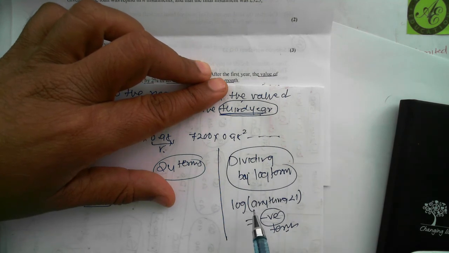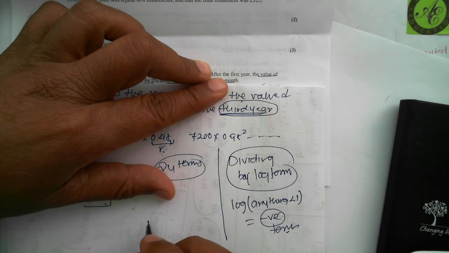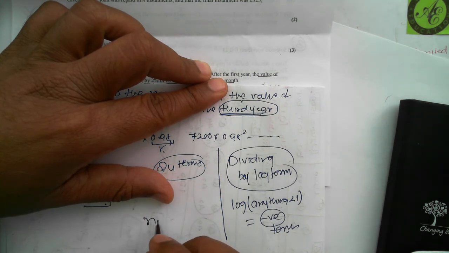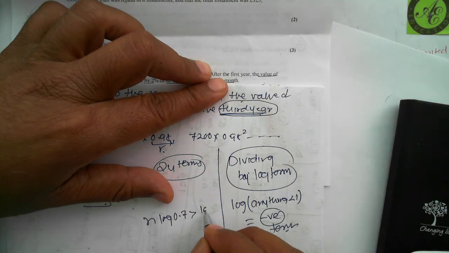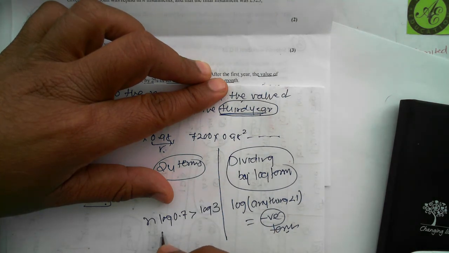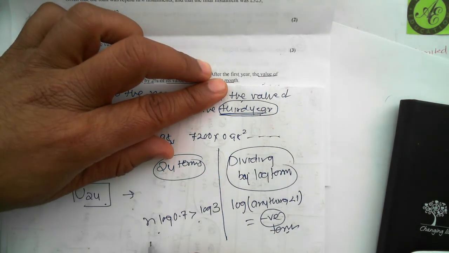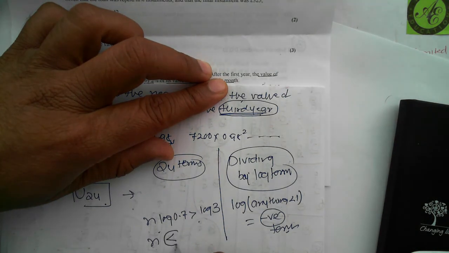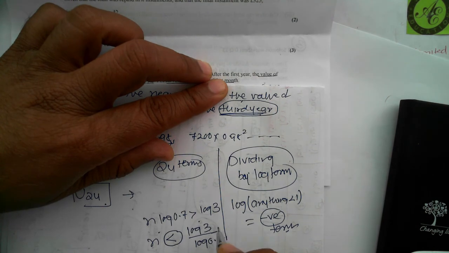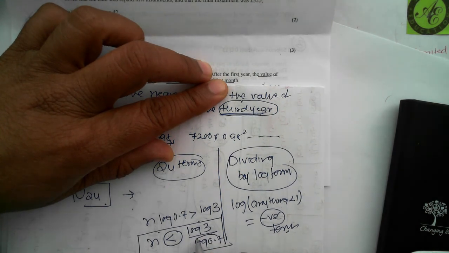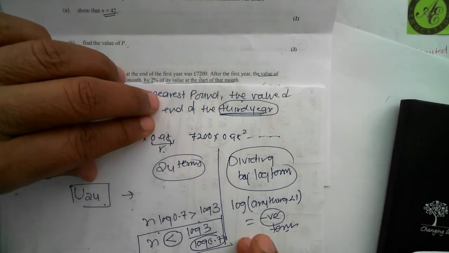Whenever you divide by log of anything less than 1, the inequality will reverse. For example, let's say n log 0.7 is greater than log 3. So if I want to divide both sides by log 0.7, I get n is less than log 3 over log 0.7. Okay, because log 0.7 you know is a negative term.